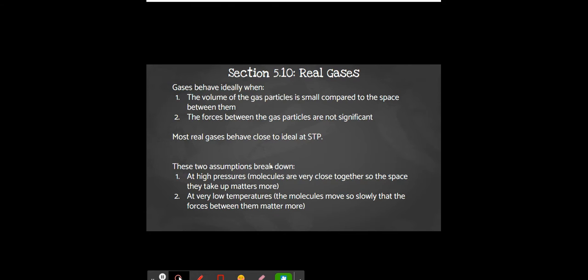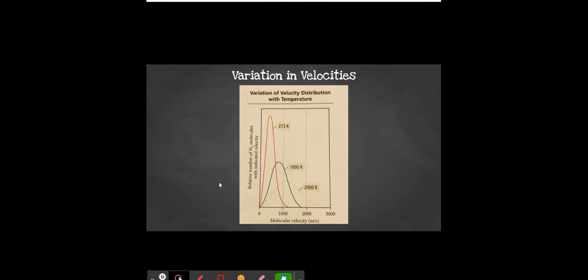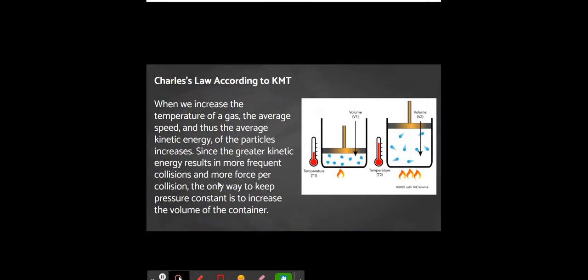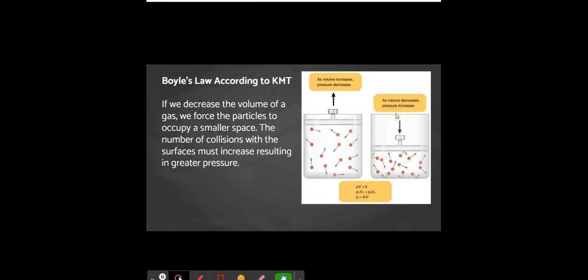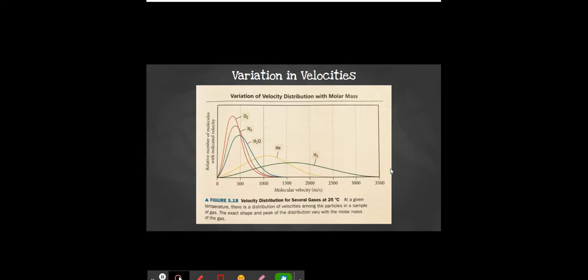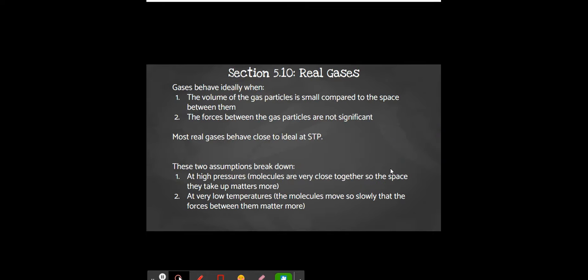They no longer apply at very high pressures, because when you put a gas under a very high pressure, so picture this situation, if we increase the pressure and push them way down, the space in between the particles compared to the size of these particles now cannot be ignored. It's no longer negligible.